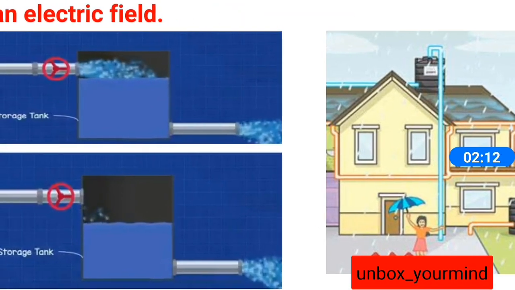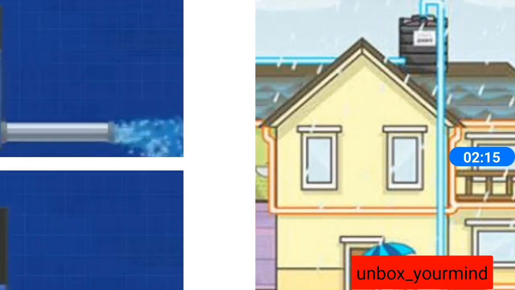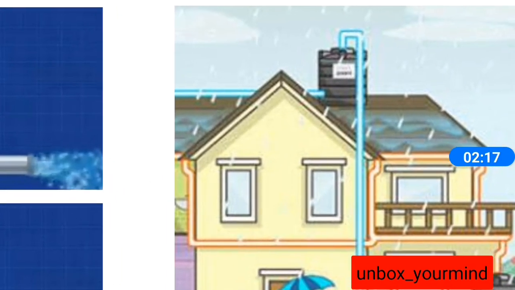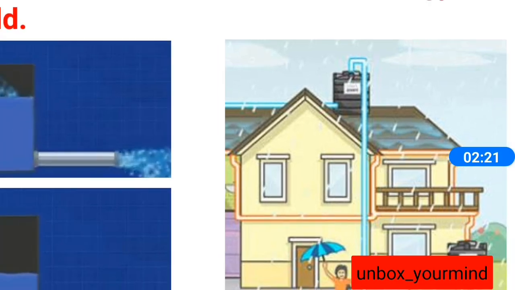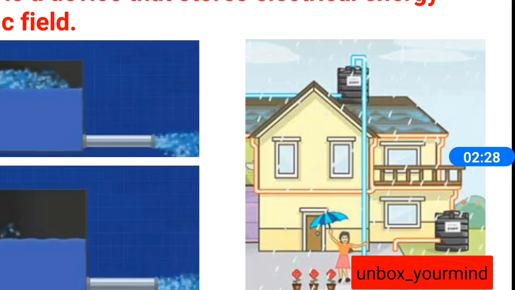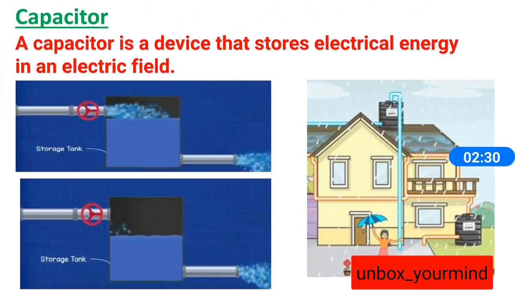Well, we all have a rooftop tank. What's the advantage of the rooftop tank? Mainly, we want uninterrupted water supply, right? Like that, in circuits also, in some cases we want uninterrupted supply.